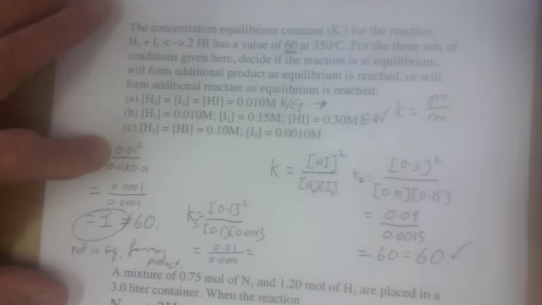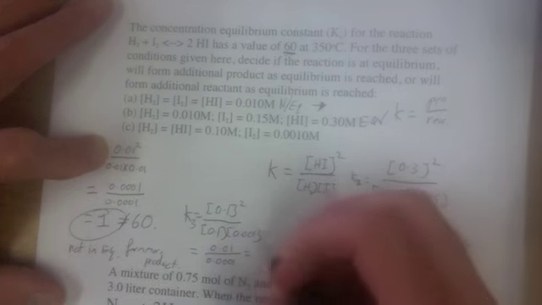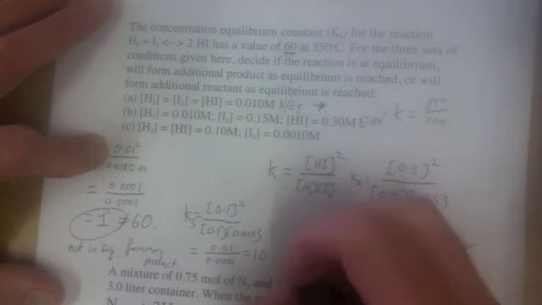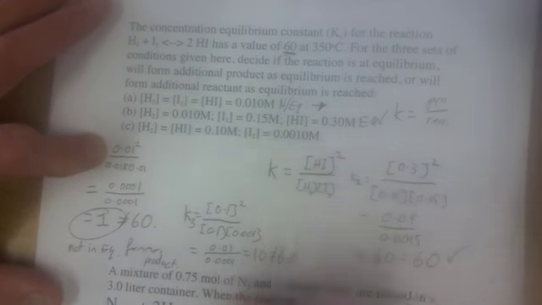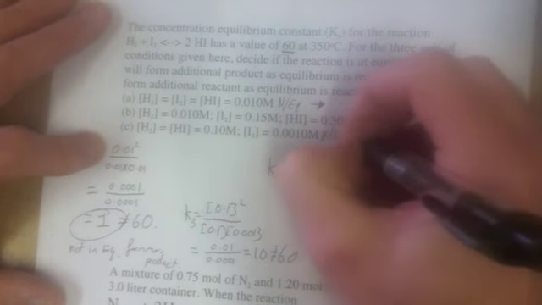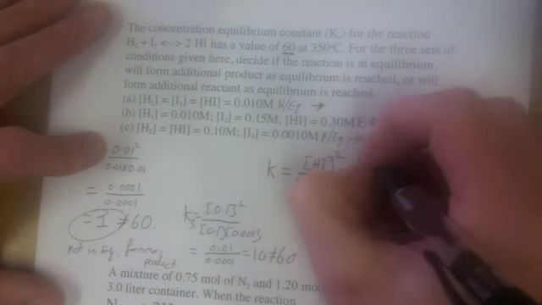Now this equals 10. This is not equal to 60 again. It is less than 60, so it's not in equilibrium. The reaction will want to have more products form to make K larger, so it will proceed forwards as well.